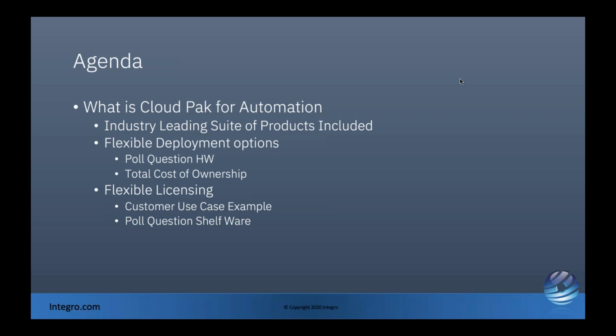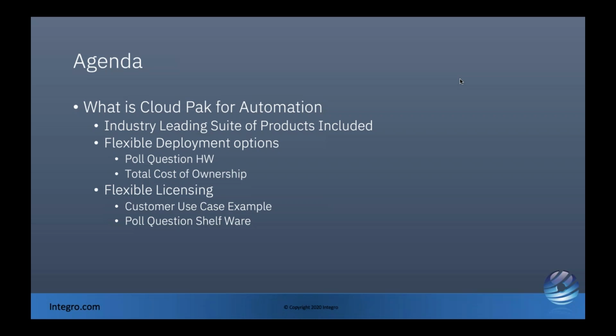And then if there's one takeaway I want to drive home on this webinar, it's really the flexibility that this offering is going to give customers, right? So it's flexibility in a couple of different ways. It's flexibility in deployment options, which we've touched on in the previous webinars. I'm going to encourage you to go back and look at our previous webinars in this series if you haven't already.